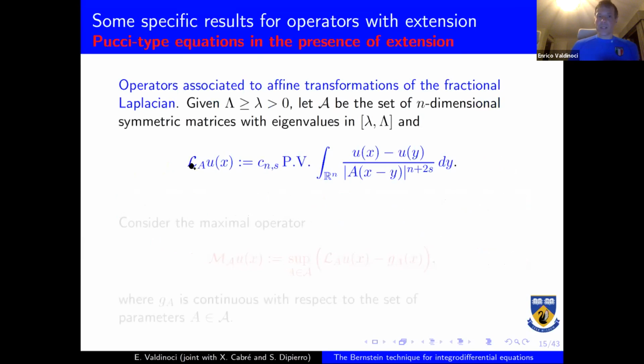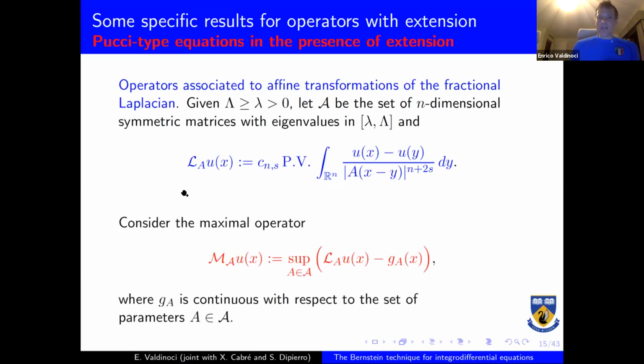For instance, you can take instead of the fractional Laplacian, an operator L_A, which is like the fractional Laplacian with a rotation or with an affine transformation induced by a matrix A. And one can consider the maximal operator in which you take the sup over all the, say, elliptic matrices A in some class calligraphic A.